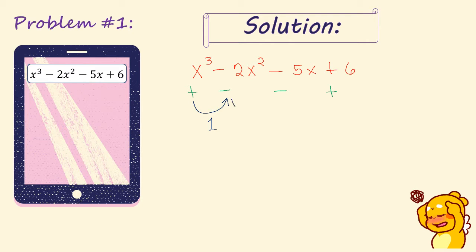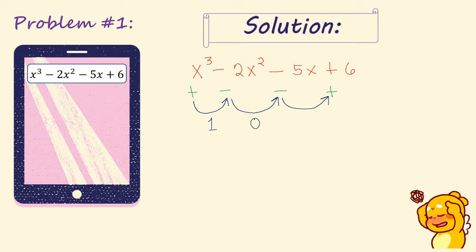Next, from negative it becomes negative. Does the sign vary? No, so it is not counted. There is no variation in this scenario. Next, we have negative becomes positive.